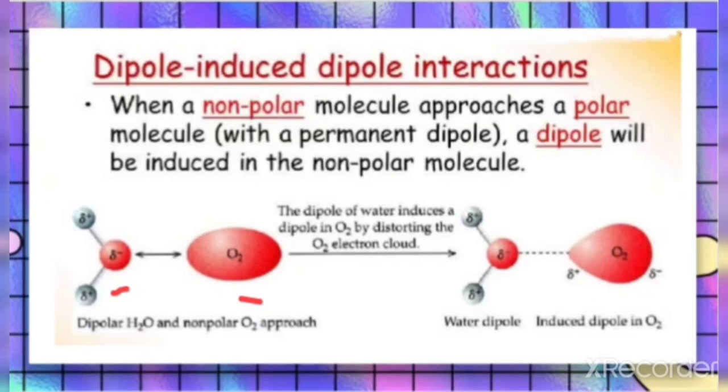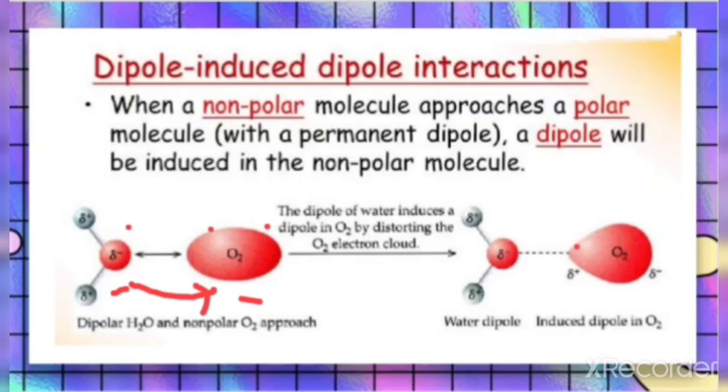But when they approach each other, because of the partial negative charge on the oxygen in the water molecule, the oxygen molecule develops a temporary dipole. It develops due to the inducing effect of the neighboring polar molecule.